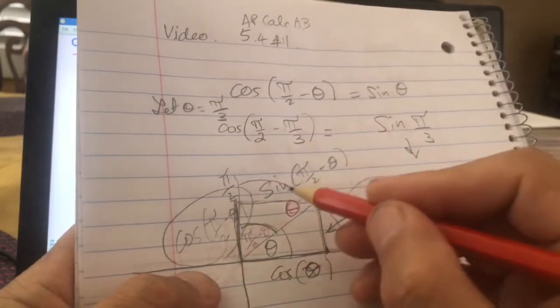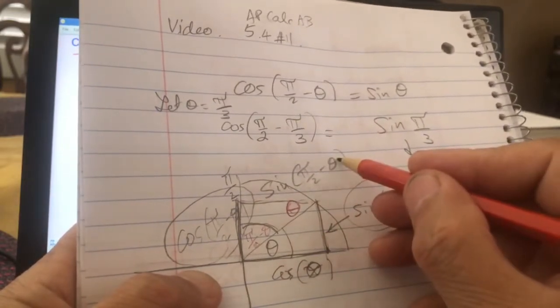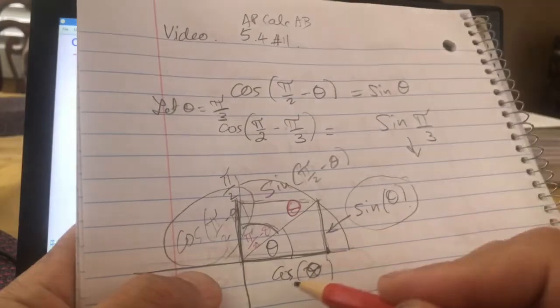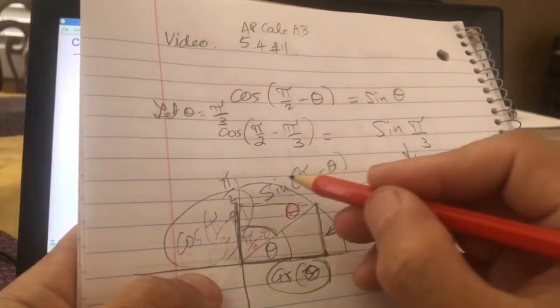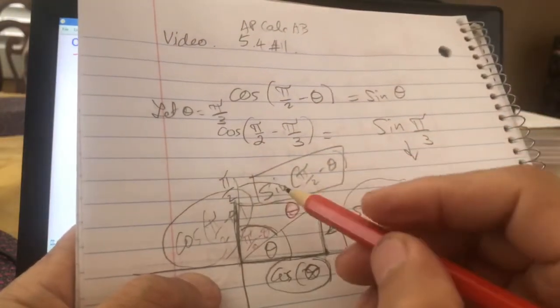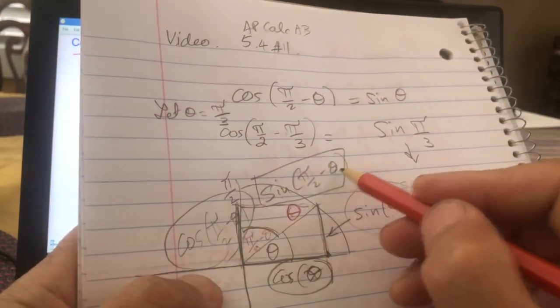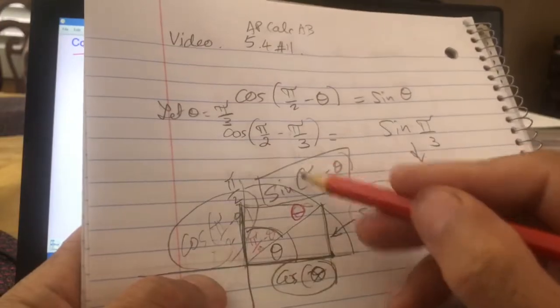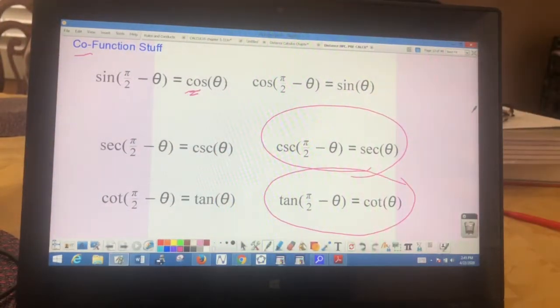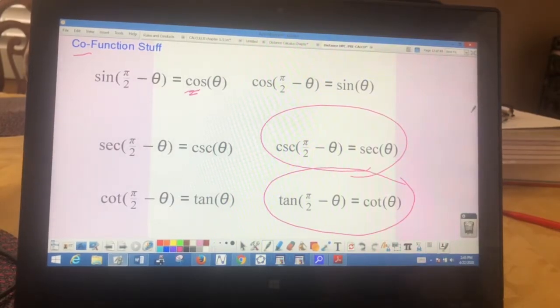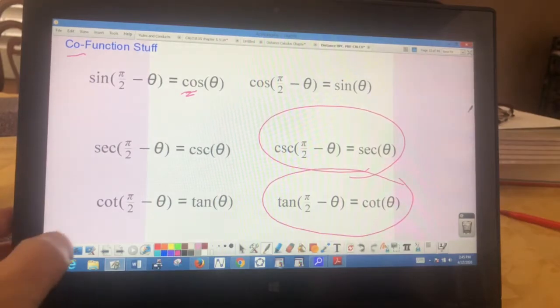So this length, sine of pi over 2 minus theta, equals this length, which is cosine of theta. So cosine of theta is the same as sine of pi over 2 minus theta. So they go back and forth like that. Okay, if you look at all that, you want to take a snapshot of that one, you can. Screenshot the video. Okay, moving on.